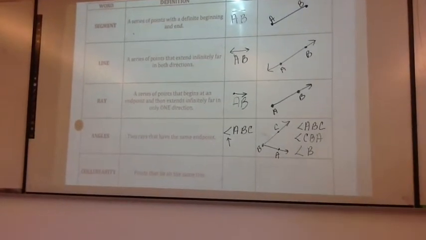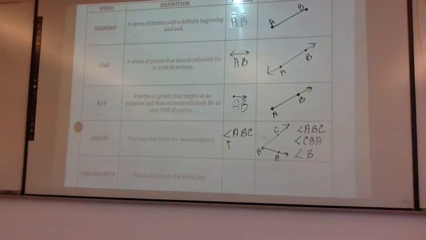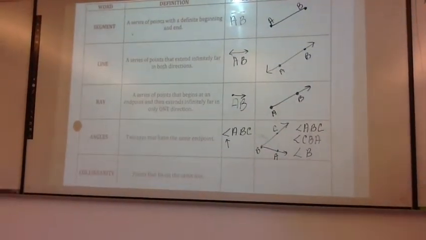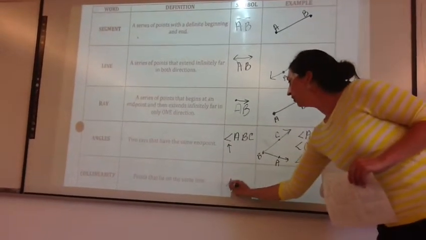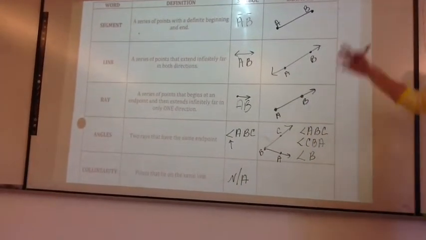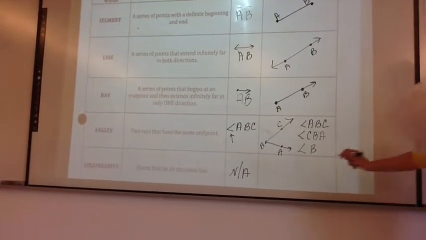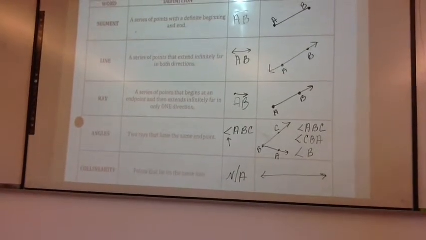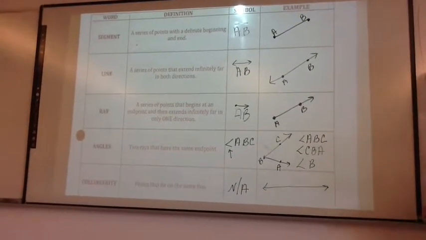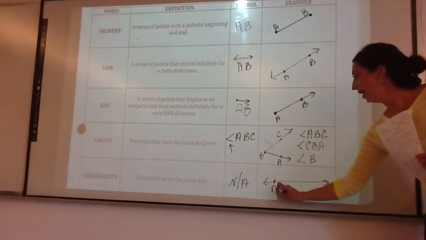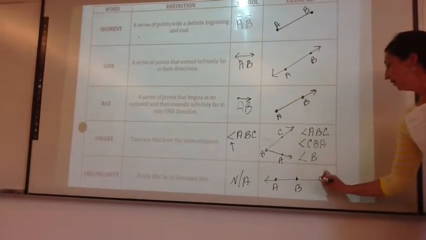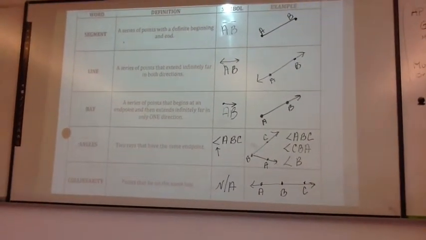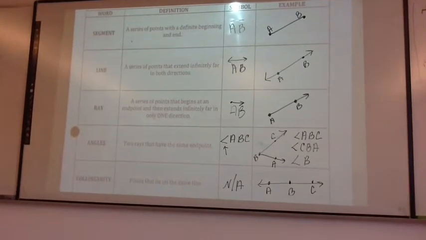All right, after angles comes this idea of collinearity. Collinearity. The idea that all points lie on the same line. It's a concept. So there's really no diagram or symbol for it of any sorts. But there is a nice picture you could draw. Points are collinear if they all are on the same line. So let's put A on the line, let's put B, and let's put C. All 3 points lie on the same line.